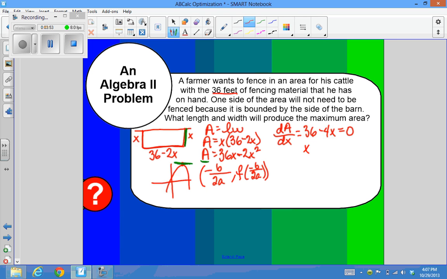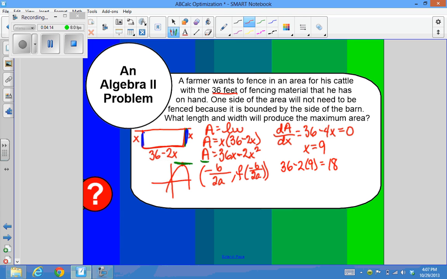Solve and you get x equals 9. So that tells me that my 2 vertical sides over here are 9, and that my other side is 36 minus 2 times 9, which is 18.